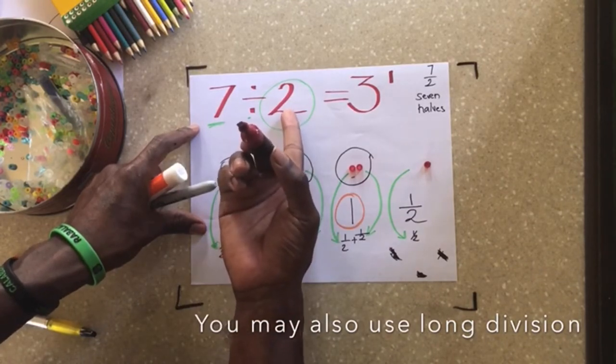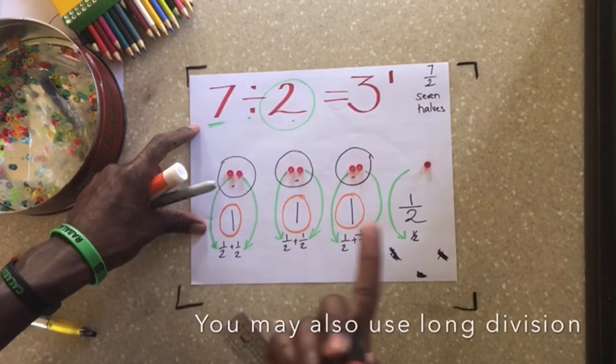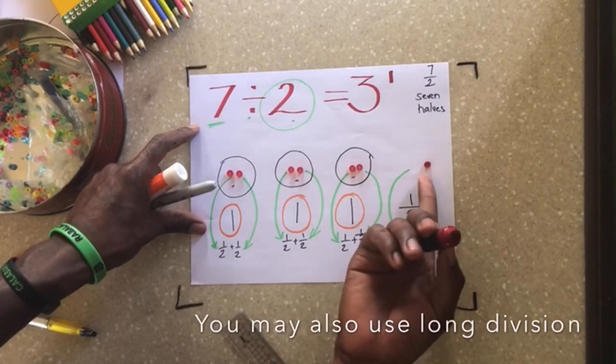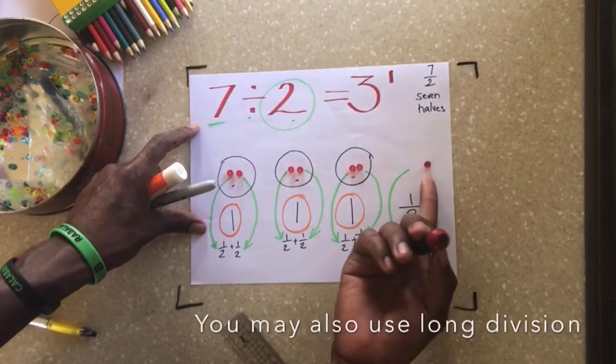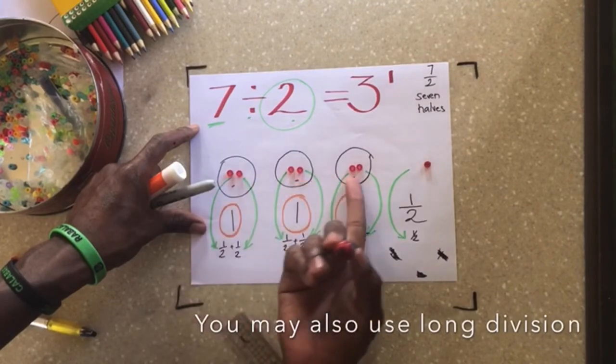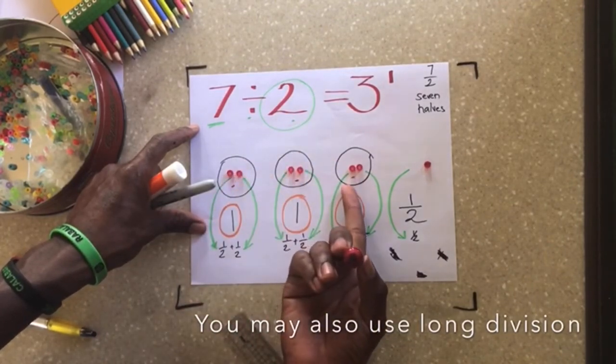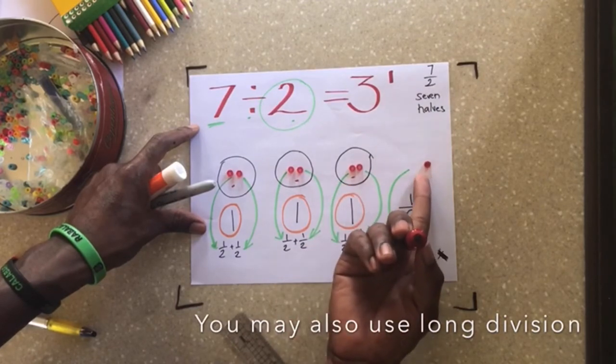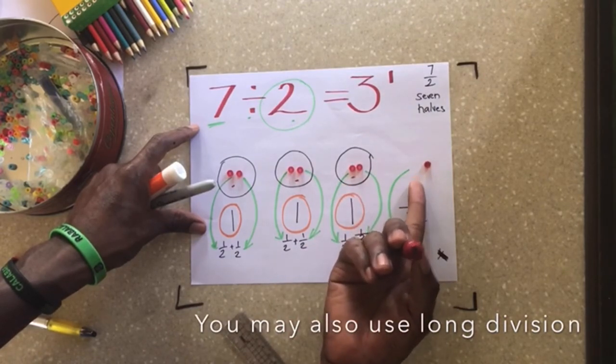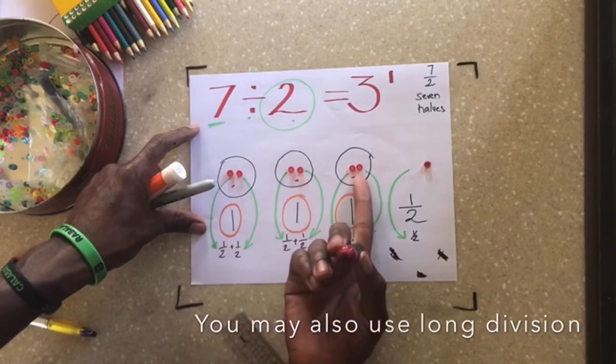So once you group them based on the divisor, you can use the remainder as the numerator. Count the number of times you get the 2: 1, 2, 3 times. So count the amount of times you get the number completely, and that becomes your whole number. So we have 3 there.